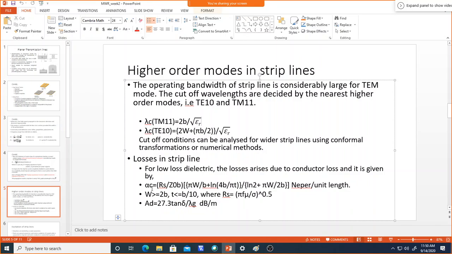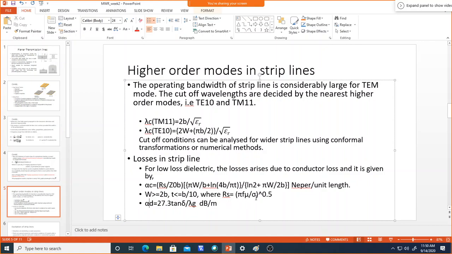You can calculate them using the equations for alpha C and alpha D. So this is alpha D, and this is alpha C. You can use this equation in terms of width, height of the substrate and thickness, and RS is the surface resistivity.